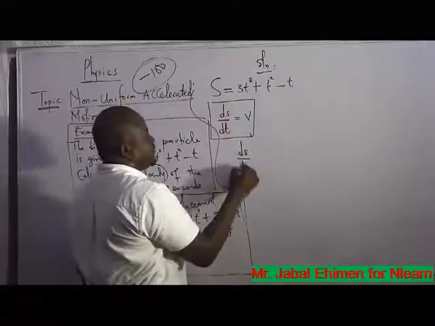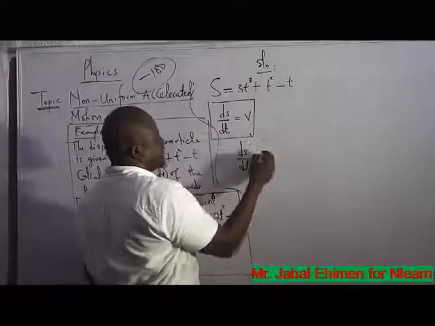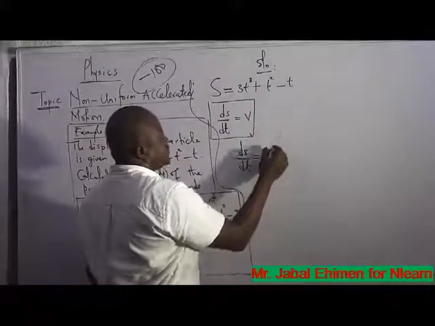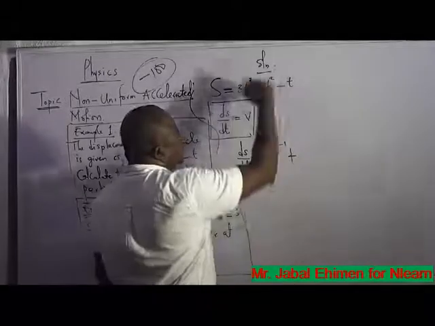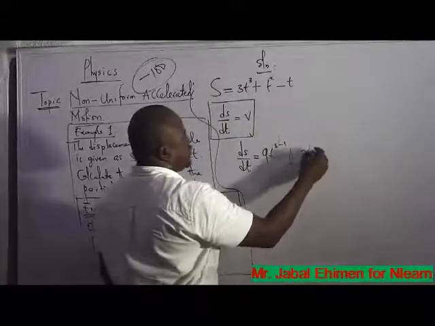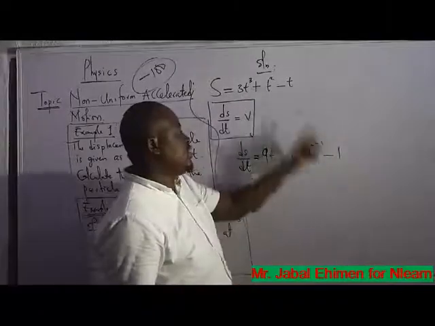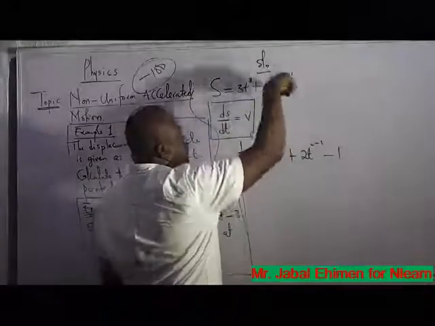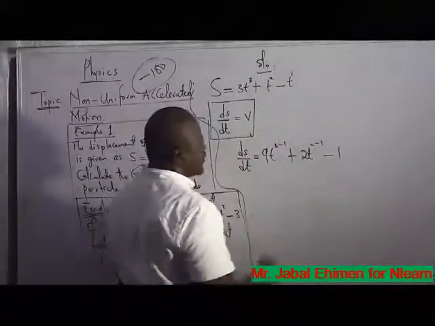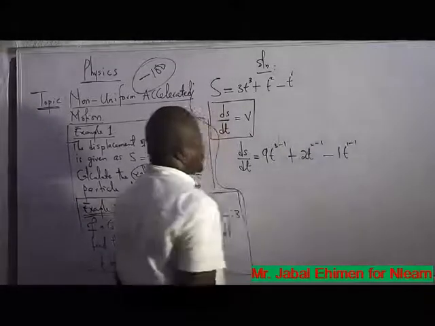ds over dt is equal to 3 times 3 in the front, that's 9t to the power 3 minus 1, plus 2 times 1 in the back, that's 2t to the power 2 minus 1. And this is minus 1. The derivative of t is 1, because this value here has power 1. 1 times 1 in the back, that will be 1, then we have t to the power 1 minus 1.